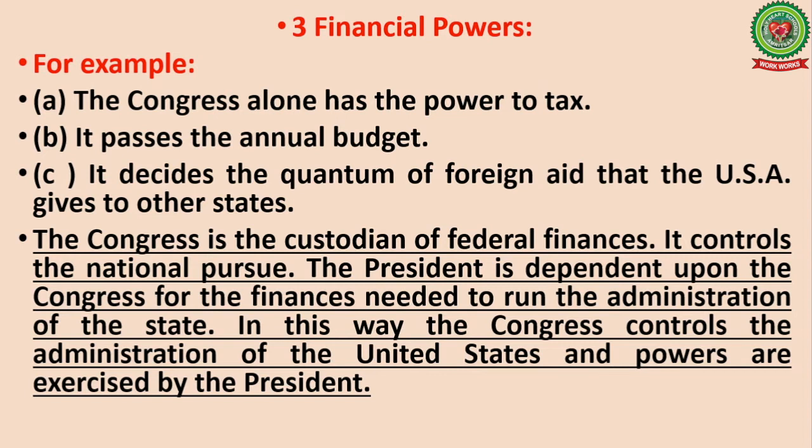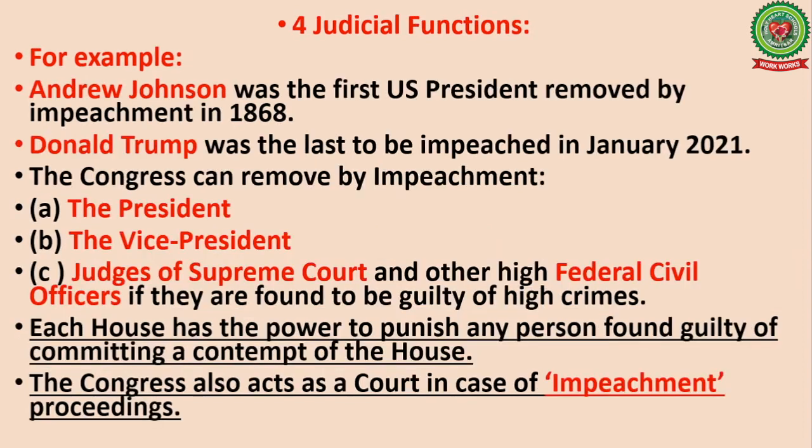The Congress is the custodian of federal finances. It controls the national purse. National purse, a key term I have discussed with you, means finance of the nation. The president is dependent upon the Congress for the finances needed to run the administration of the state. In this way, the Congress controls the administration of the United States and powers are exercised by the president. The control is made by the Congress and the powers are exercised by the president.